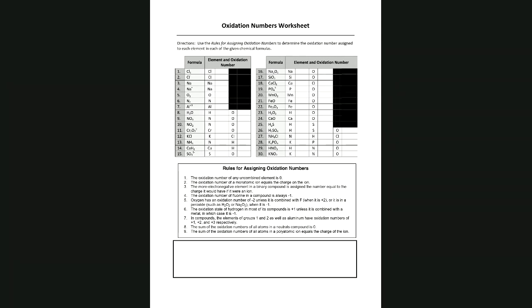Okay, so we know now that the chlorine in Cl2 is 0. So now let's do this next one. I know you guys can't hardly see it. It's actually Cl negative. Erica, what's the oxidation number for Cl negative? I guess I better make sure Erica's still here. Yep, she's still here.